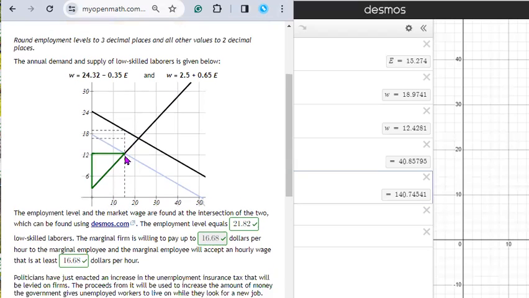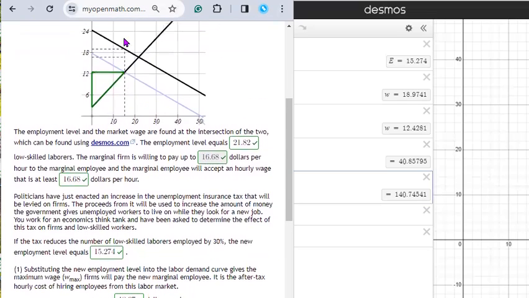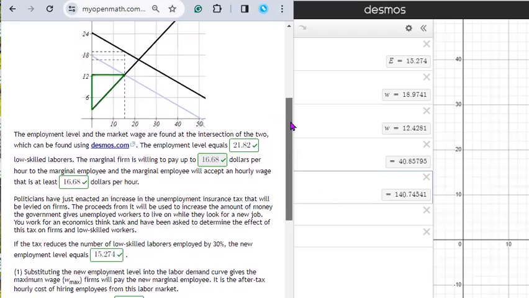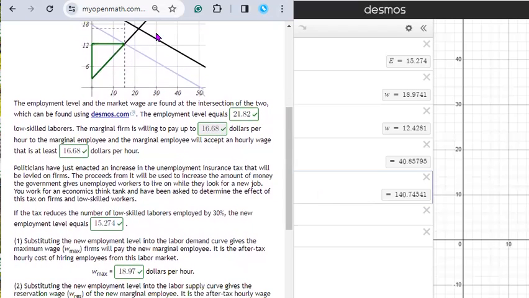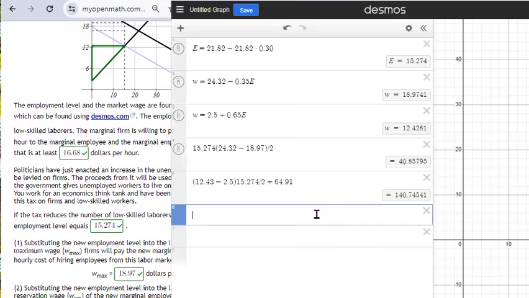And to calculate that, you take the maximum wage firms are willing to pay the last worker after the tax is imposed, right? That's 18.97.